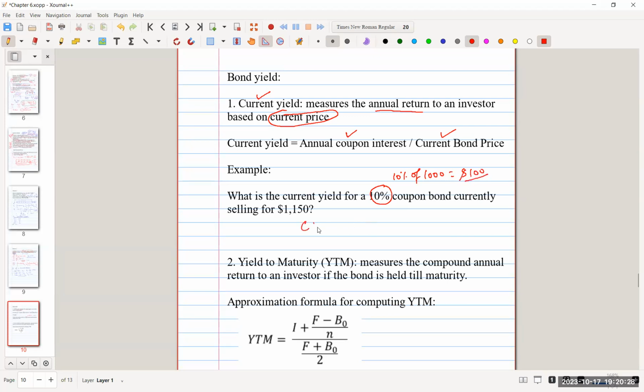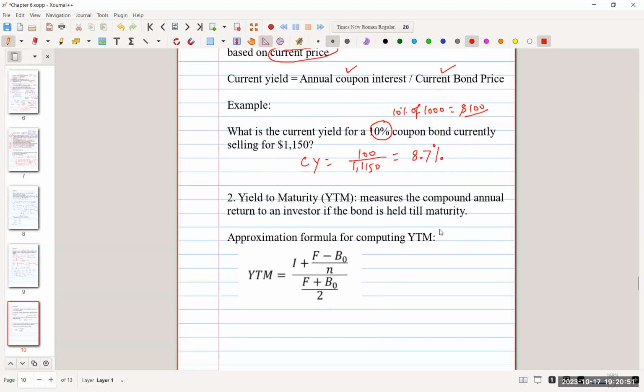So current yield is $100 divided by the current price of the bond, 1150. That's all there is to it. If you run this calculation, it should give you approximately 8.7%. That's the current yield of the bond, as straightforward as that.